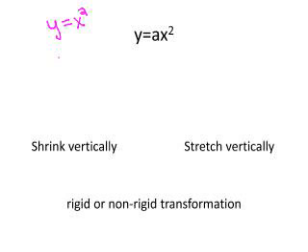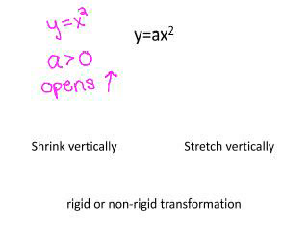But if the a is a positive number, so a positive half, positive 2/3, positive 7, positive 5, then we know that the parabola opens up. But if the a is a negative number, so a less than 0, then we know that it opens down.